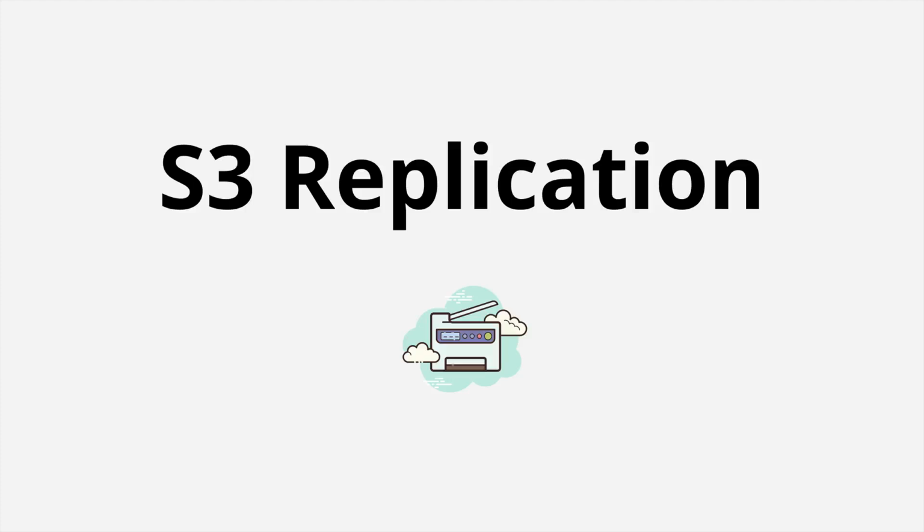Welcome back. In this lesson, I want to talk about S3 replication, a feature which allows you to configure the replication of objects between a source and destination S3 bucket. Now, there are two types of replication supported by S3.